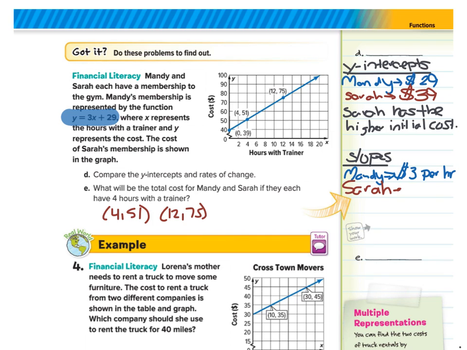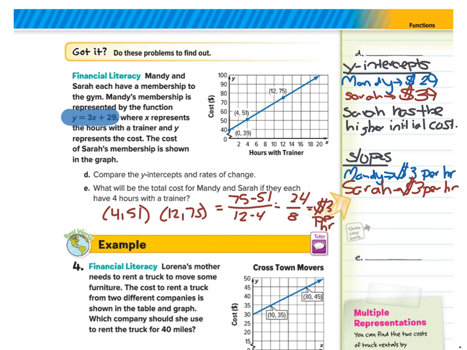And we will use our slope formula and compare their cost, $75 minus $51, to the hours, 12 minus 4. And this results in 75 minus 51 being 24 over 12 minus 4 is 8. And 24 divided by 8 is 3. So Sarah's is the same at $3 per hour.